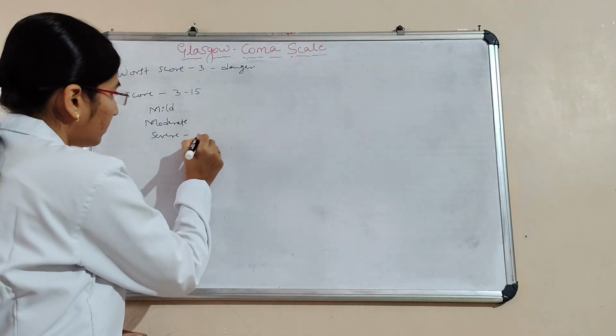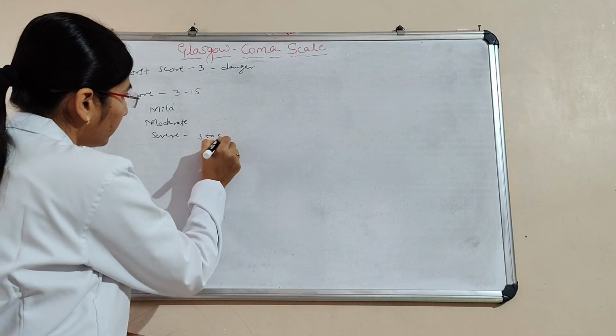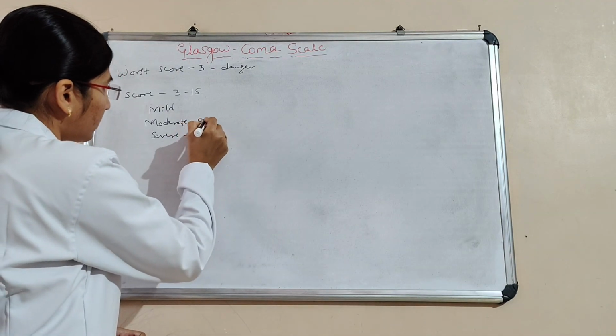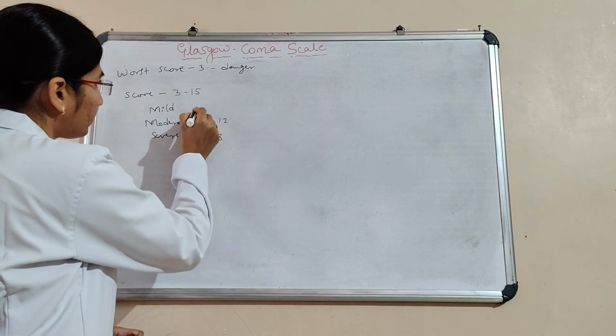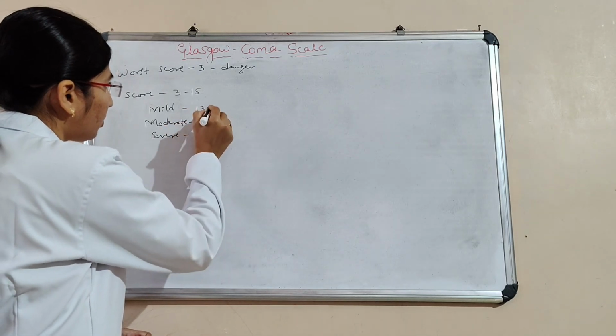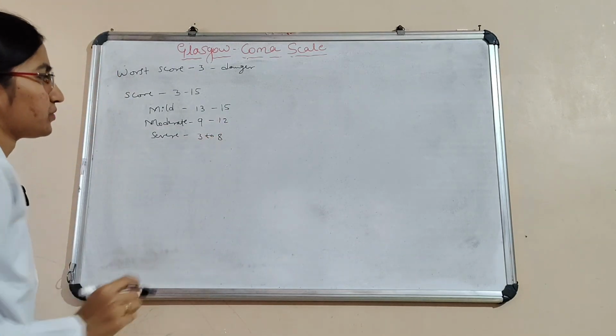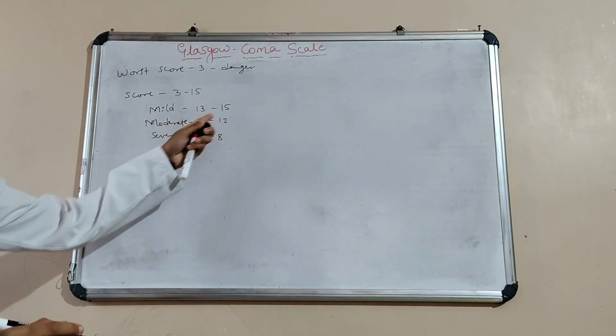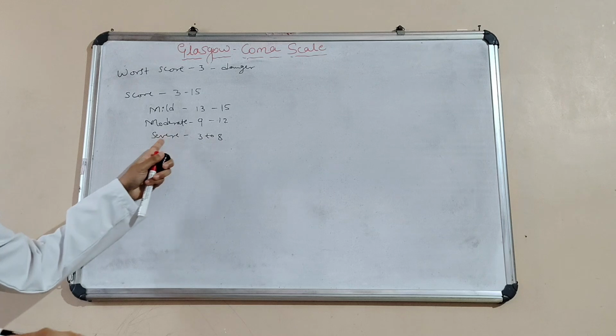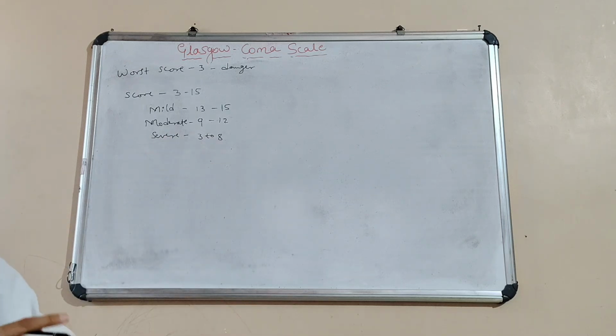That is 3 to 8, 9 to 12 and 13 to 15. Here mild means 13 to 15, moderate means 9 to 12, severe means 3 to 8.